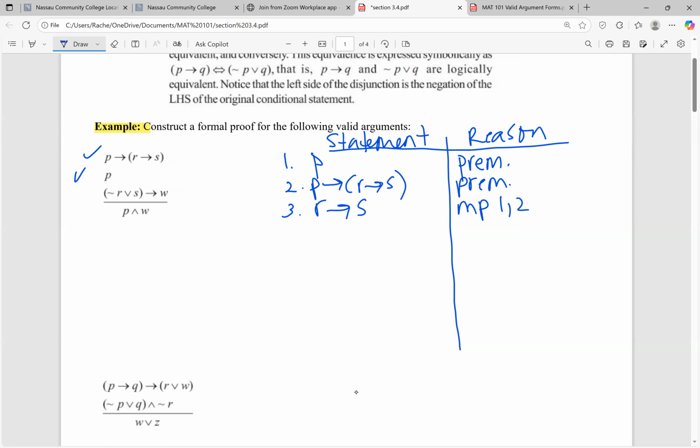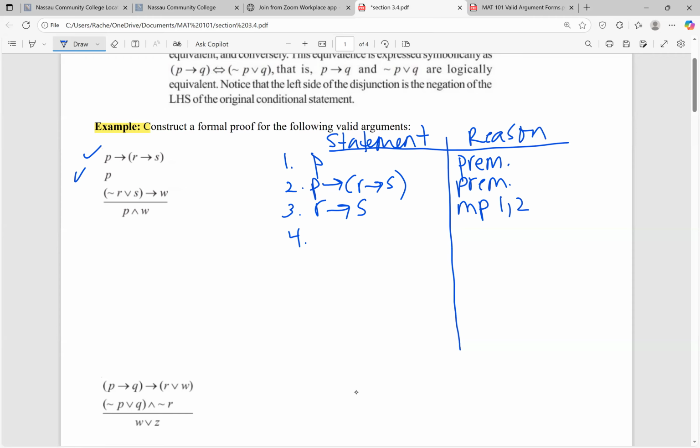Right now I have a couple of conditional statements, but then I see I have an or statement in this third premise, and it's not R or S. And here I have R implies S, and I'm thinking, okay, these two look equivalent because of the conditional equivalence. So I'm going to start with that.